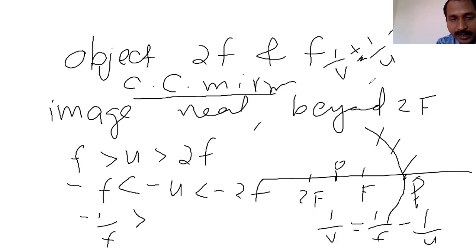If you have doubt in this sign change, check on the side with practical numerical values, like 2, 1 by 2, minus 2. Is it fine till now? It's fine, sir. Minus 1 by u greater than minus 1 by 2f.